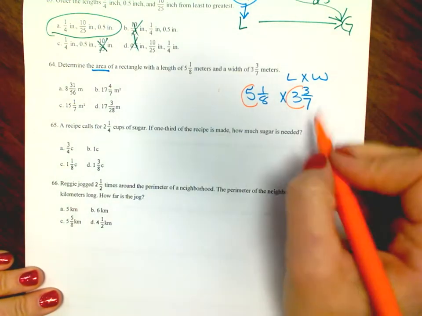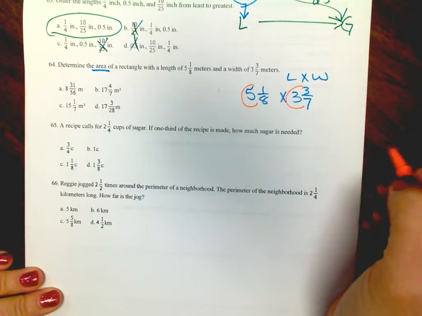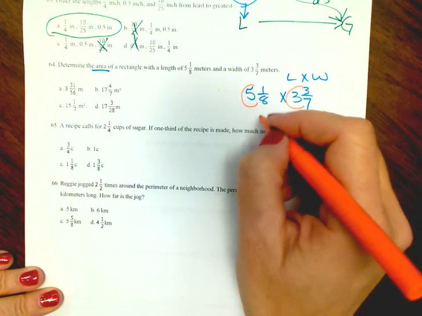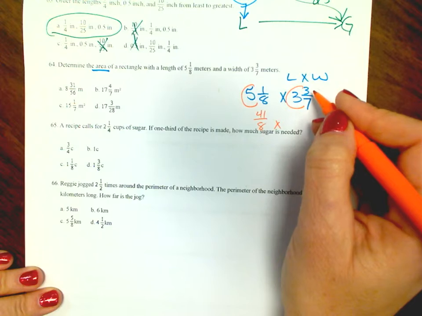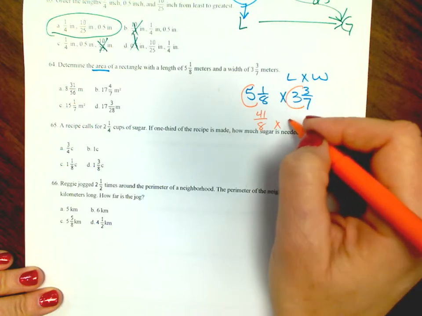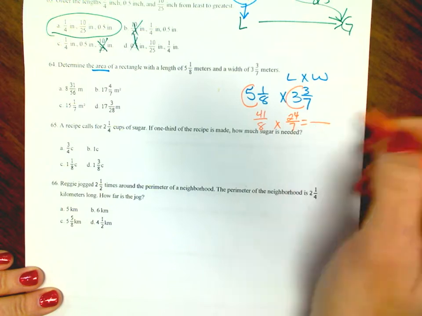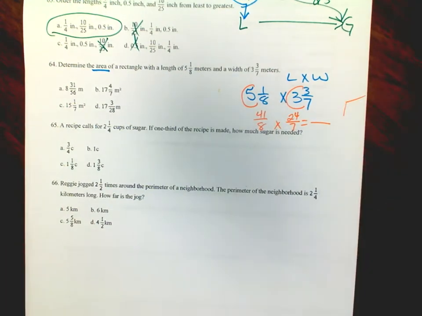And then you'll just multiply it across. It will be improper, so you'll have to divide to simplify. So 5 times 8 plus 1, and then 3 times 7 plus 3, and then this one is improper, so you need to divide.